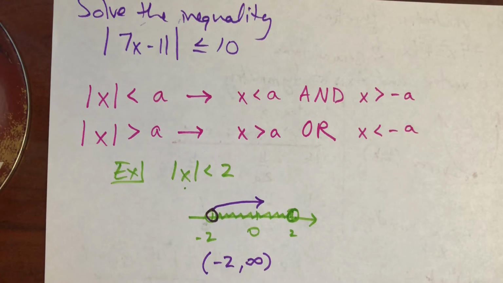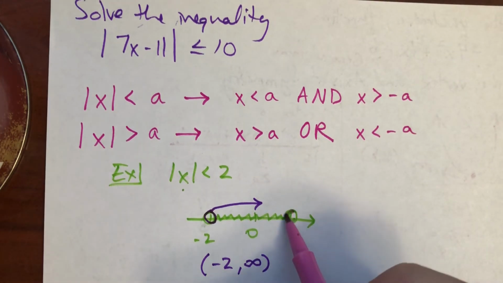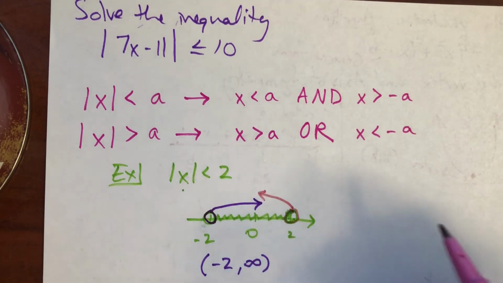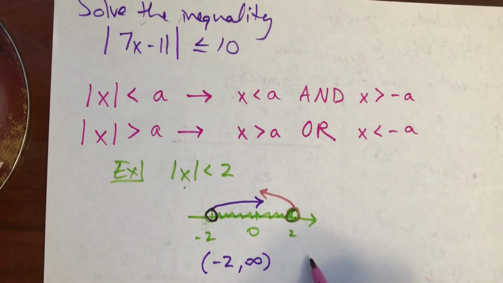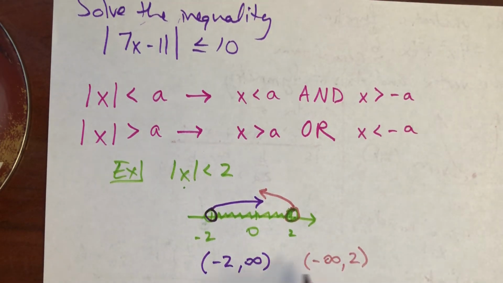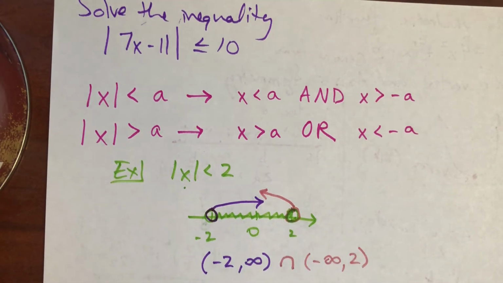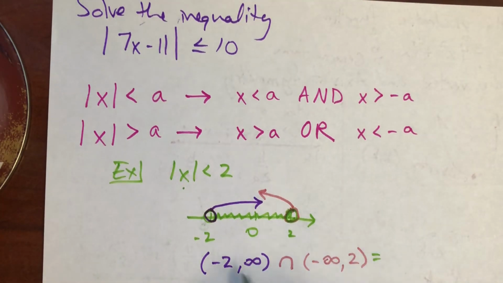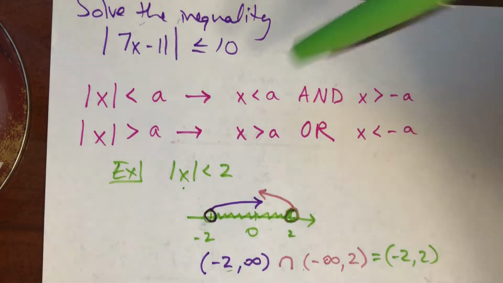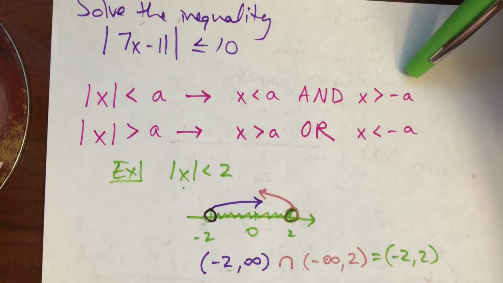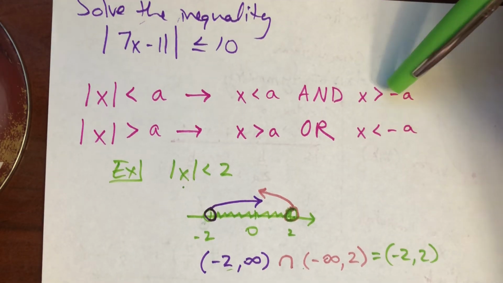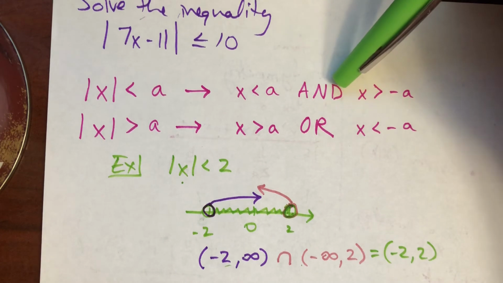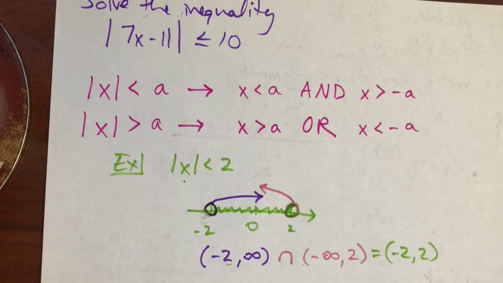And then I have this interval here that goes the other way. That would be the interval -infinity to 2. And if I take the intersection of those, that's what I want, right? So it's -2 to 2. And that's the way we would construct it, right? We want to construct it with an intersection. And that's the and. The and statement is an intersection.